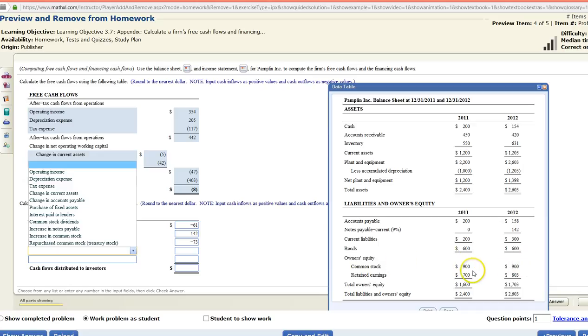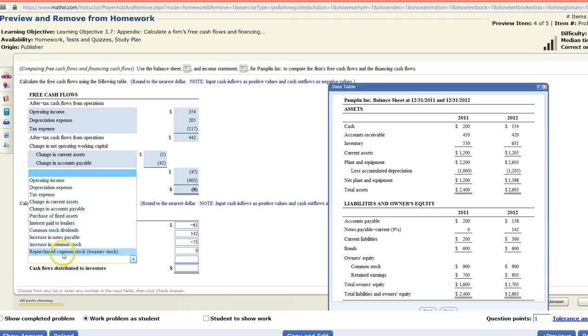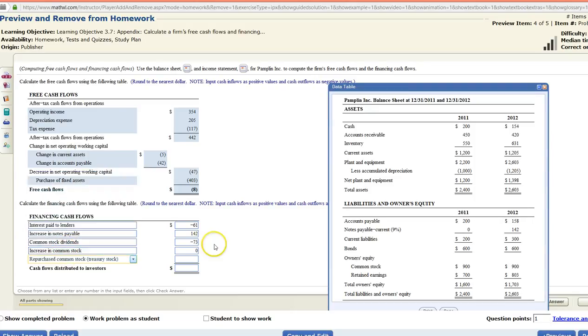Based on this balance sheet, you can see the difference actually is 0. So increase in common stock is 0. And finally, we have the repurchased common stock, and that's the treasury stock. If you look at the balance sheet, it doesn't have that information, so we should assume that to be 0 too.